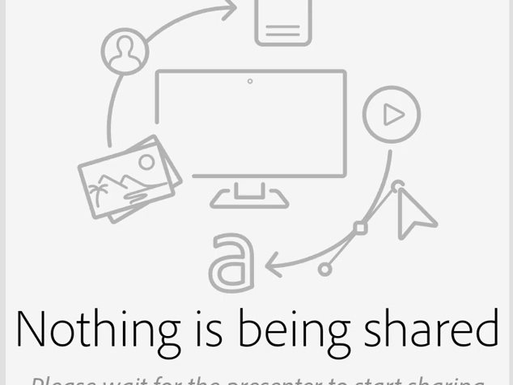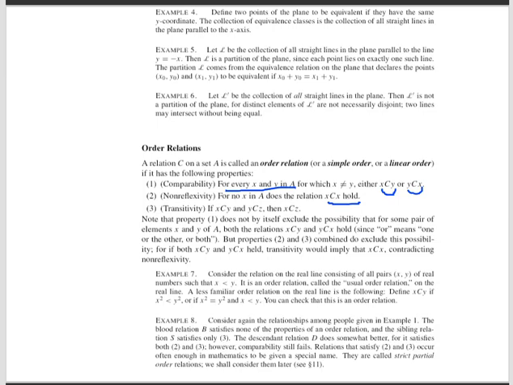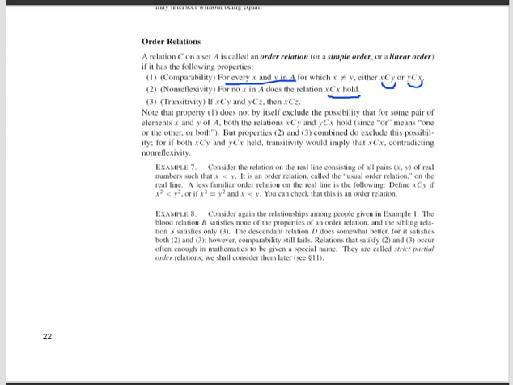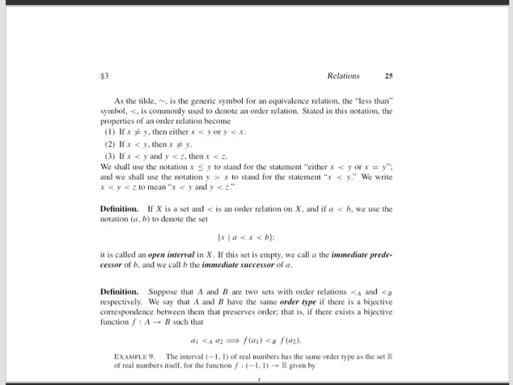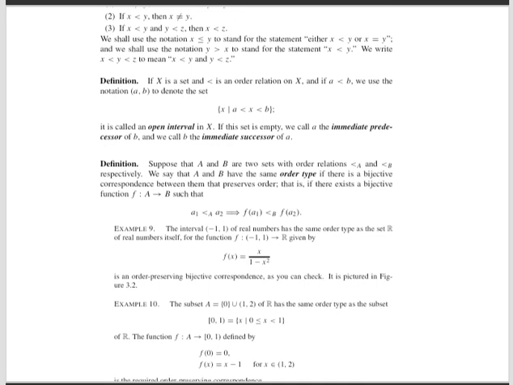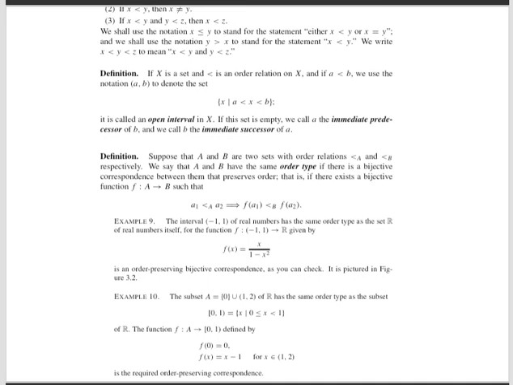I come back to the book. Okay. We have some examples here for you. Okay. Yes. Abdul Salam Taha. Yes. What do you say? I enable the microphone for you.